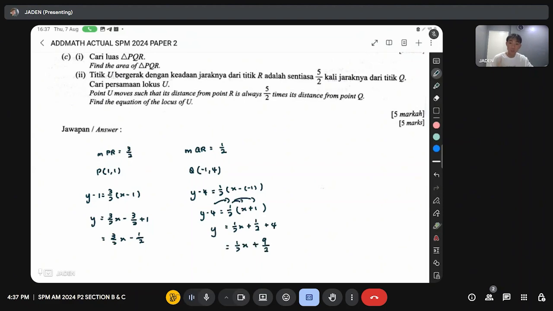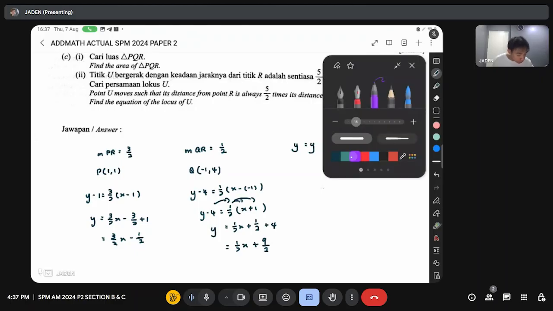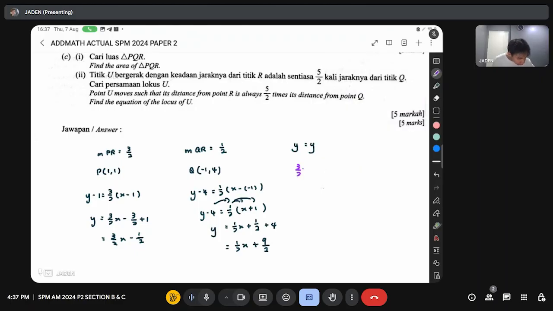Now once we got these two equations of the straight line, you want to equate them together. y equal to y. That means 3 over 2x minus 1 over 2 equal to 1 over 2x plus 9 over 2. The entire equation I multiply by 2, I get 3x minus 1 equal to x plus 9. 3x minus x equal to 9 plus 1. This is 10. 2x, x will be 10 divided by 2, which is 5.